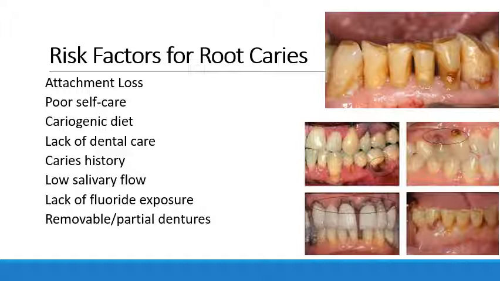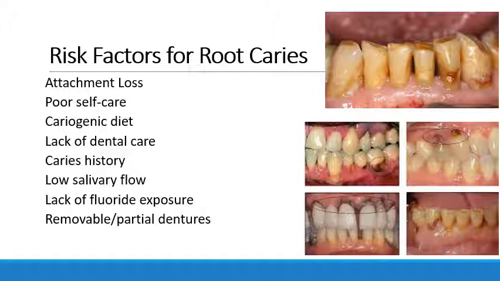You'll see this in our elderly population a lot due to medications and different systemic disorders, such as cancer patients, someone going through radiation or chemotherapy. You'll see that they have a little bit more recession going on, and they're just prone to these root caries.